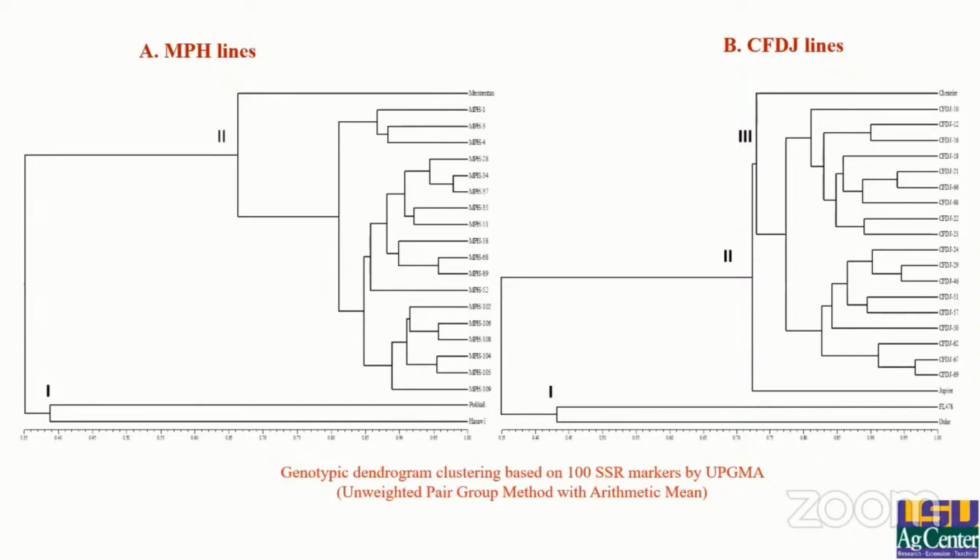It suggests that those selected lines are genetically with our recurrent parent and phenotypically they were with the donor parents. So we can say those lines are the salt tolerant lines.